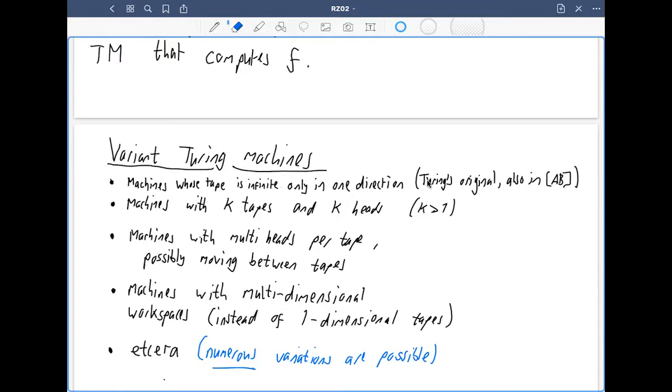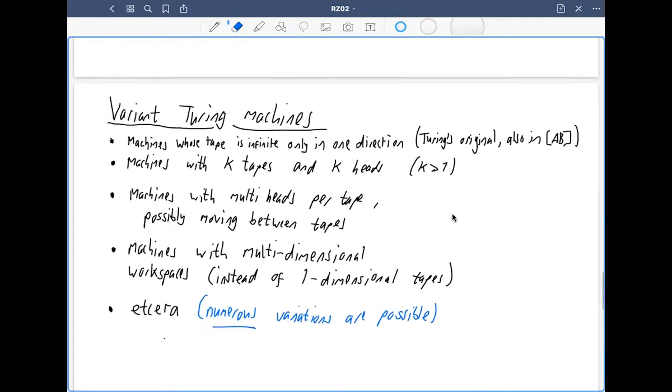I'm mentioning this one because I didn't actually double check with the article, but I'm pretty sure that's Turing's original notion of Turing machine, with tape that's infinite in only one direction. But certainly the main reason for mentioning this is the main textbook for the course, the Arora and Barak textbook, which uses Turing machines where the tape is infinite only in one direction. So that's a possible variant.